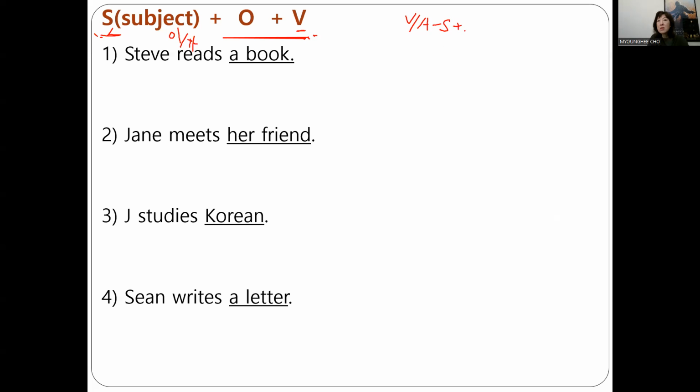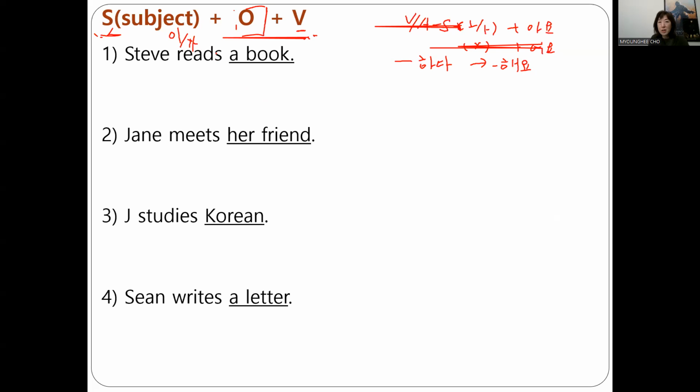When the stem ends with 오 or 아, then we add 아요. When the stem ends with other vowel sounds, not 오 or 아, then we add 어요. However, regardless of the stem's condition, when the verb or adjective ends with 하다, then we change 하다 to 해요. Please remember.